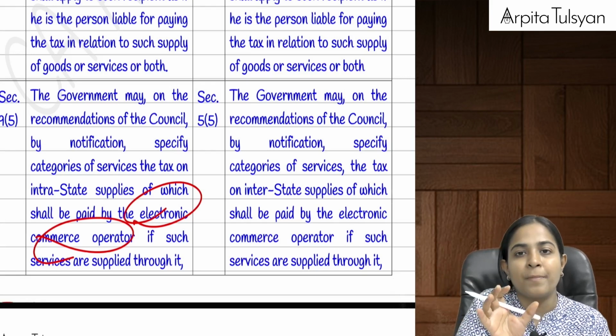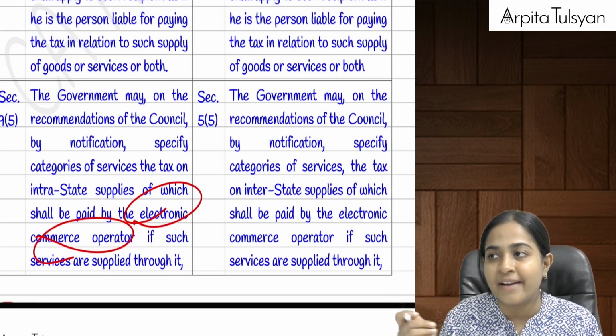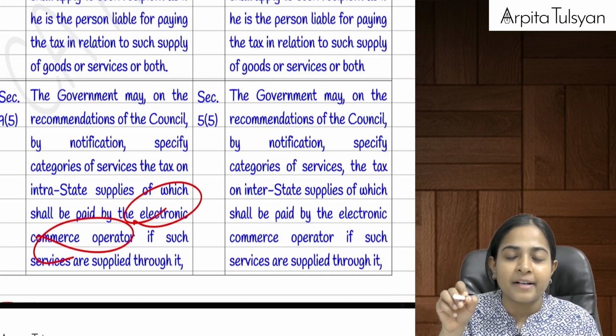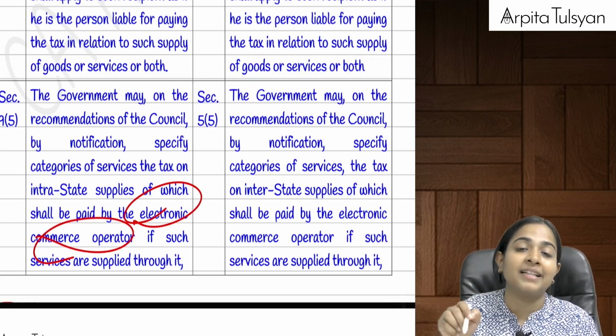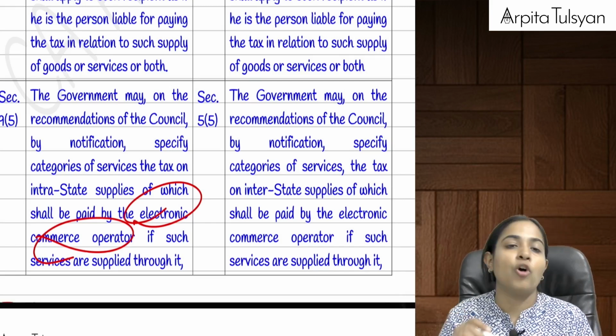A restaurant providing food delivery services through Zomato or Swiggy is providing services through an e-commerce operator. Yes, so in this case the liability to collect and pay the tax lies on the e-commerce operator.